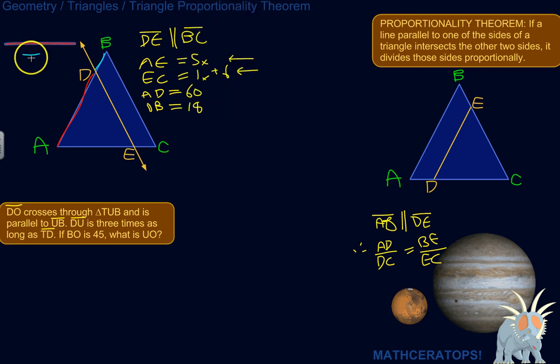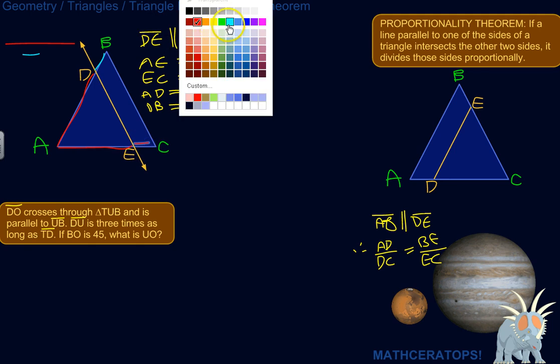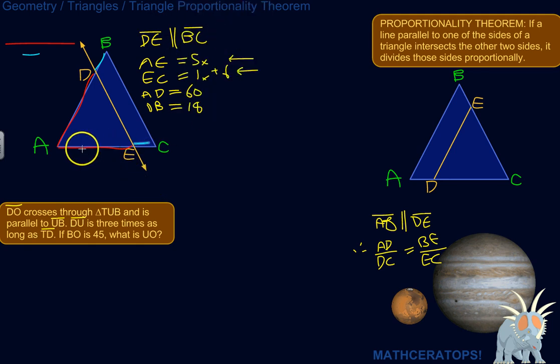The ratio of that segment to this segment is equivalent to the ratio of this segment to this segment. Yeah? Okay. You feeling this so far? So, AE equals 5x. Now let's just label that. Why not? Let me go green. AE is 5x. EC is 1x plus 6. AD is 60. DB is 18.